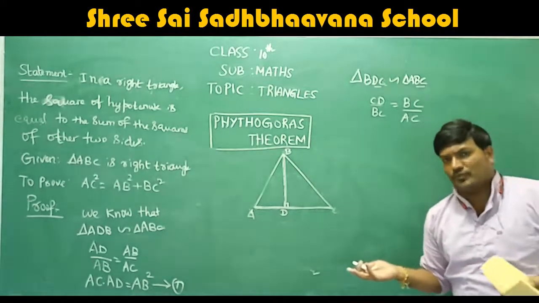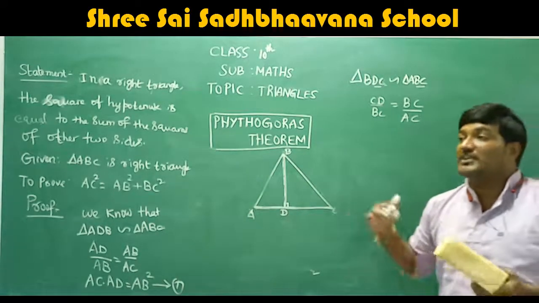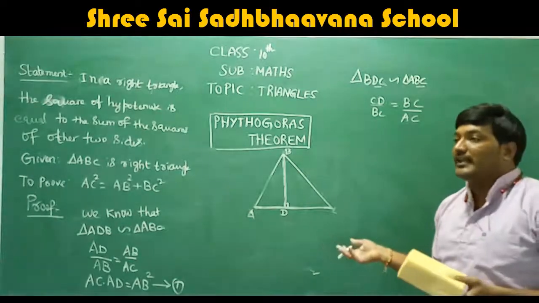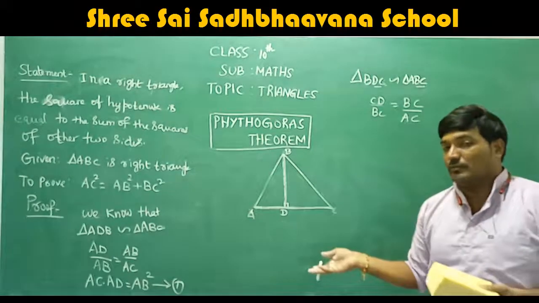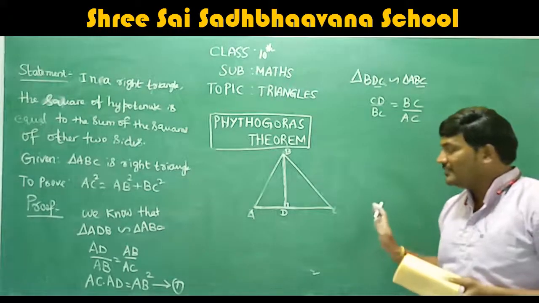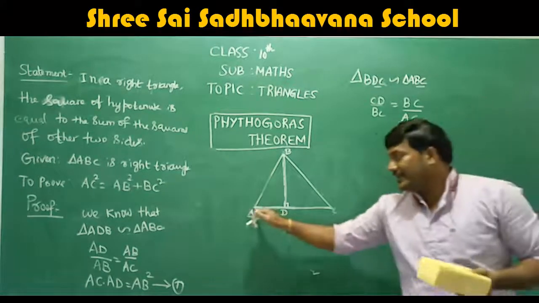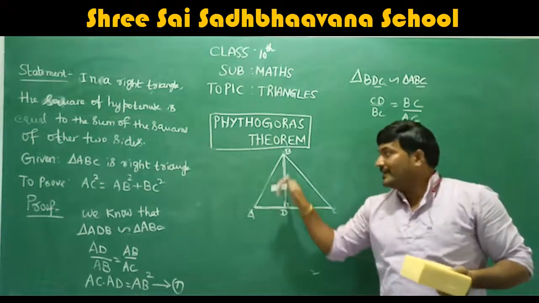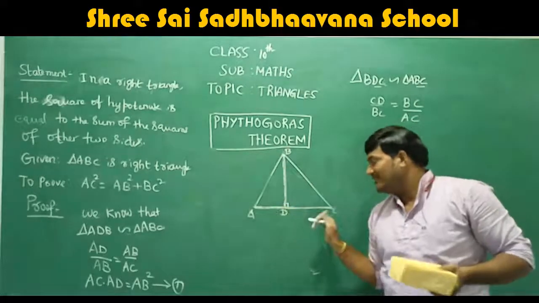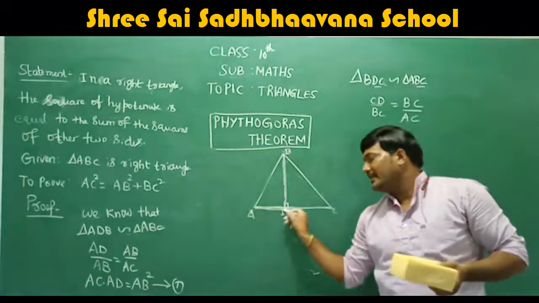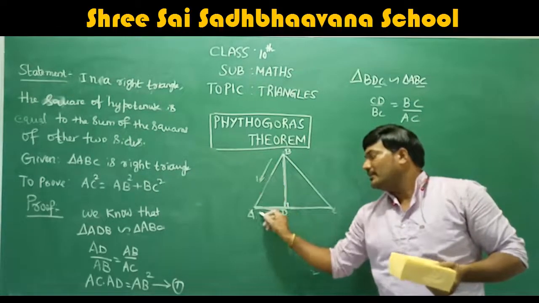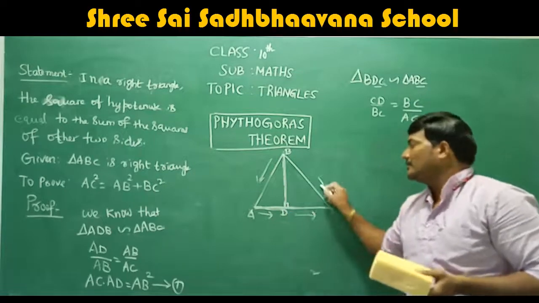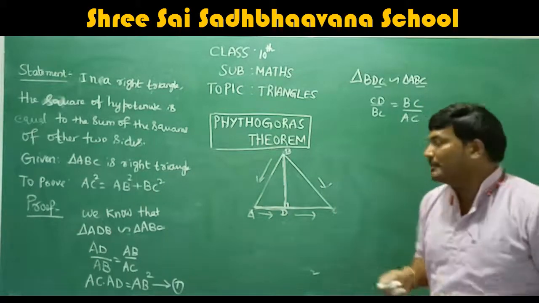We don't want that. For the proof, it is not required. Whichever is required for the proof, we are taking that, and we are not going against the rules either. So basically what sides are we taking? AD and AB, next DC and BC. Very simple. You can remember it like this.